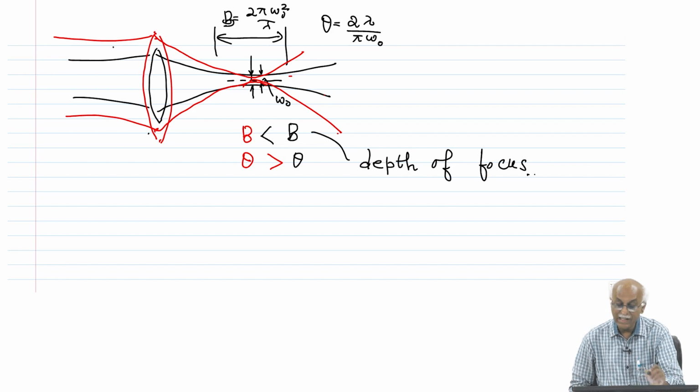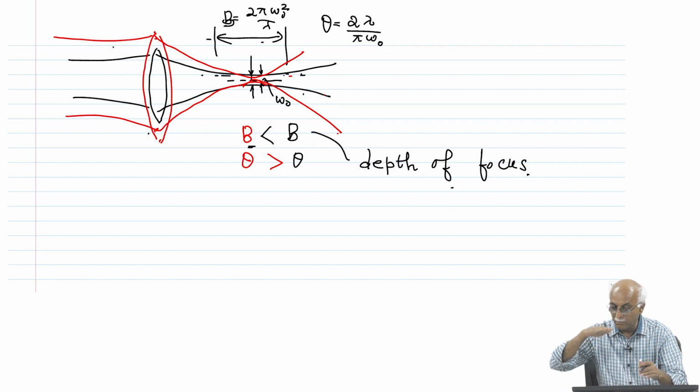We can assume approximately that within the confocal parameter the beam remains focused. But for the red beam the depth of focus is much smaller, while for the black beam the divergence is small, the confocal parameter is large, and the depth of focus is large. Wherever the workpiece is, I can approximately assume that the intensity is the same.